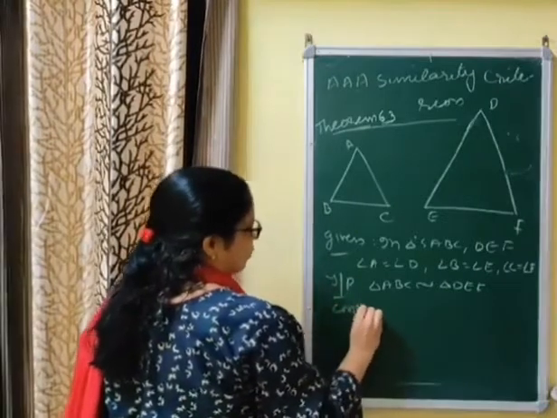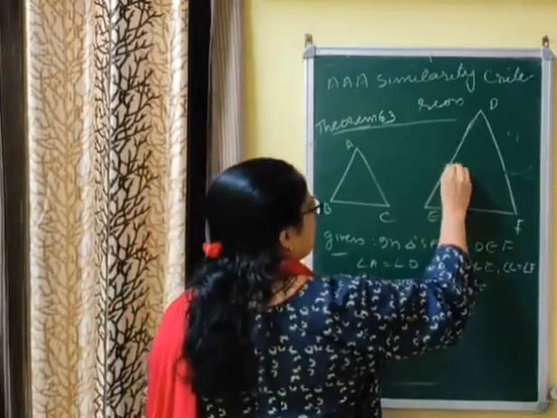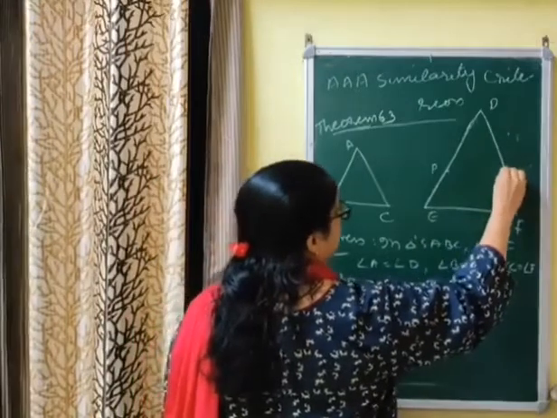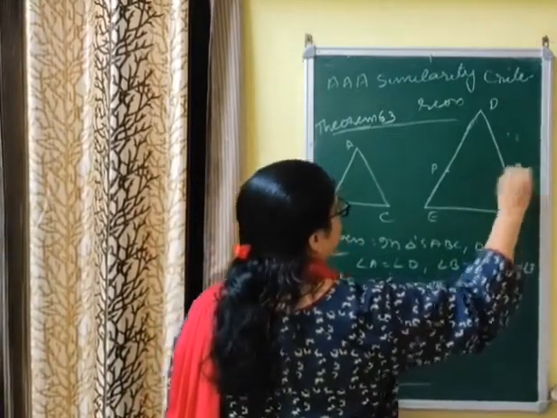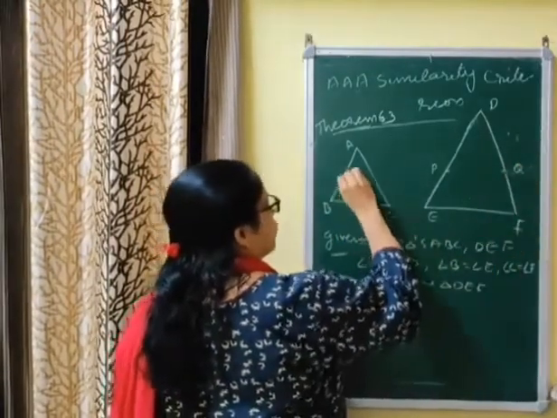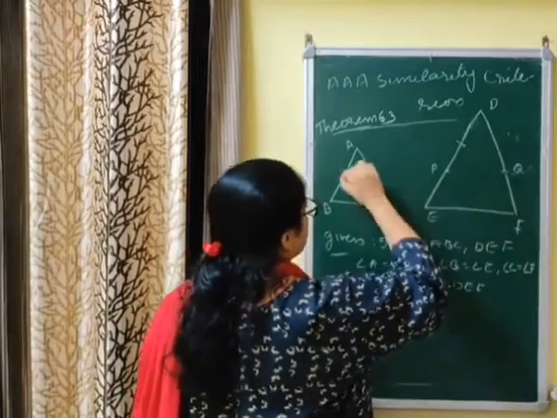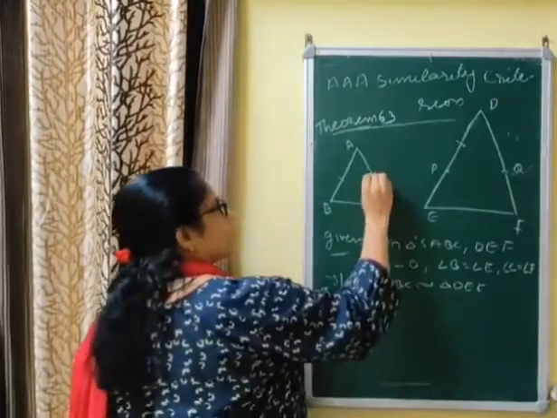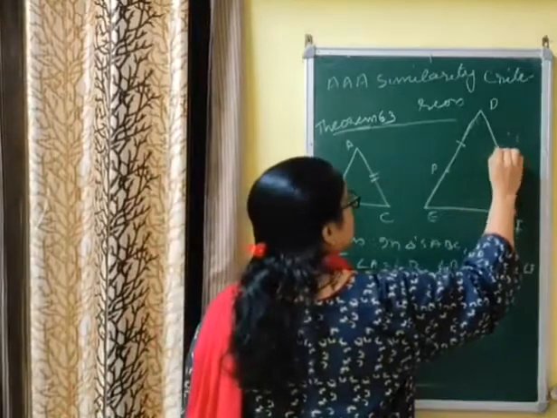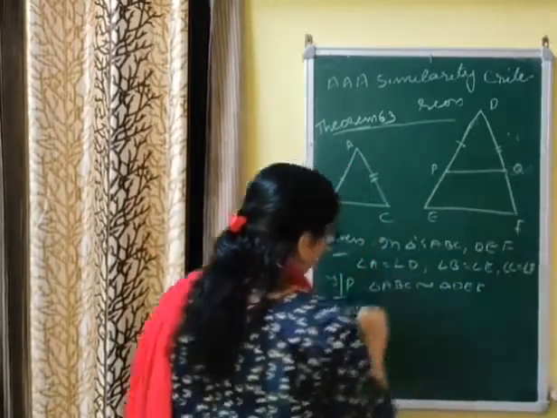Construction is, from DE cut off DP and from DF cut off DQ in such a way that AB is equal to DP, the same symbol shows both are equal, and AC is equal to DQ, and join PQ.